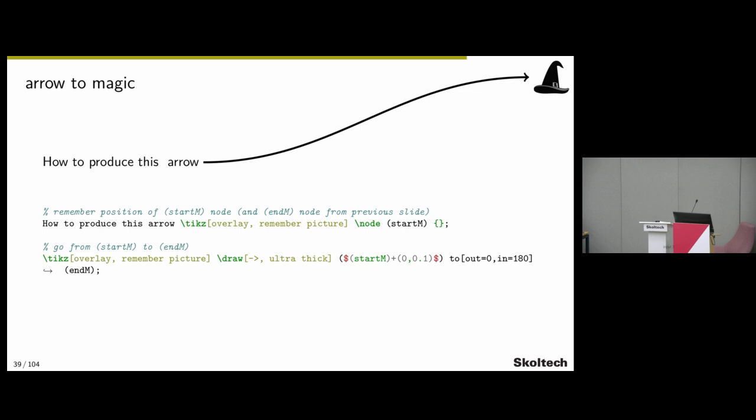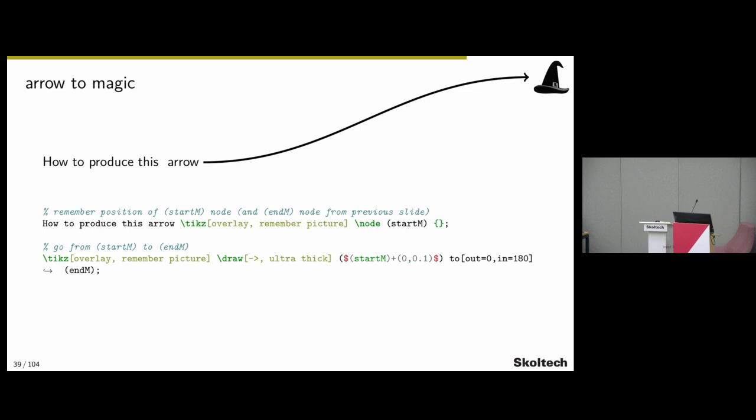When Anton wrote this line of text, inside it he also placed a small invisible node that he called start M. So this piece of text is produced with this line of code with invisible TeX graphics. Then to draw this line, Anton used the command draw, and he used two nodes, start M and end M. The end M node was in the head definition on the previous slide.